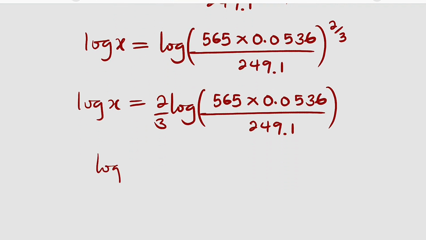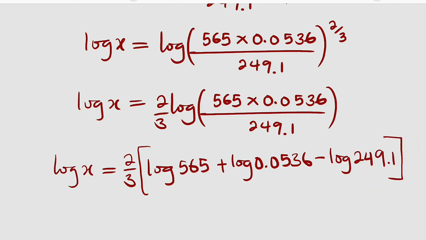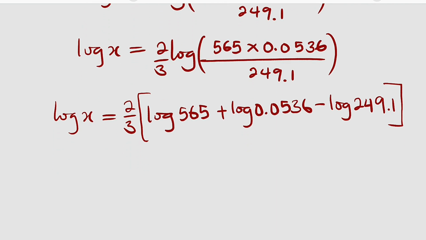So log of x is equal to 2 divided by 3 multiplied by log of 565 plus log of 0.0536, then minus log of 249.1. All right, so from here we can draw our table.